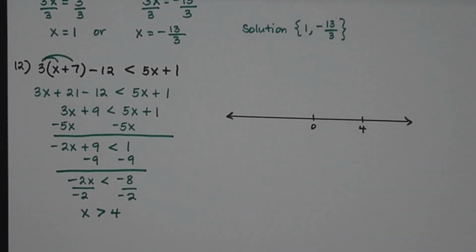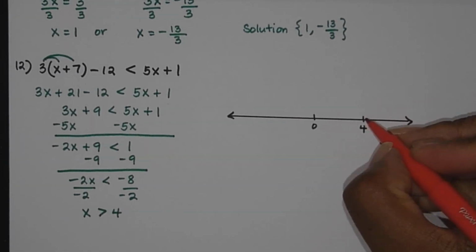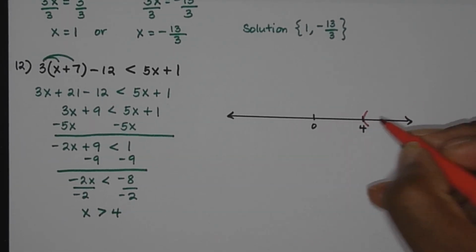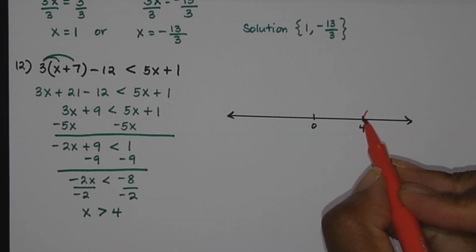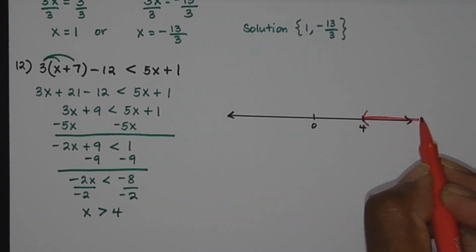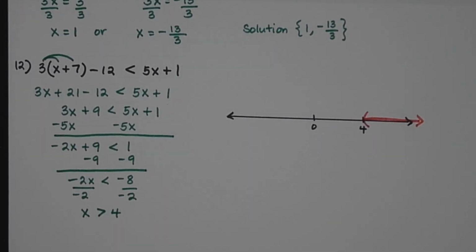So here's 4. Well, I need a bracket or parentheses. Parentheses, because it's strictly greater than. So I'm going to need a left parentheses at 4. The greater than symbol points to the right, so that tells me I need to shade to the right of 4, like this.